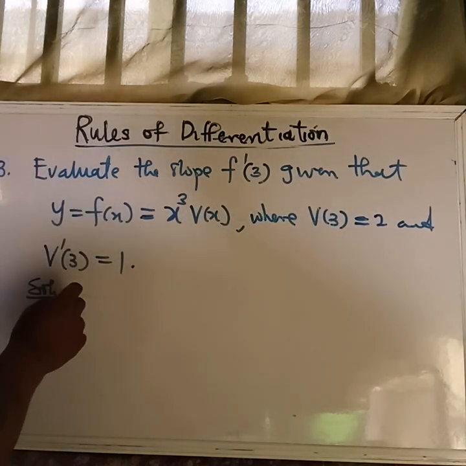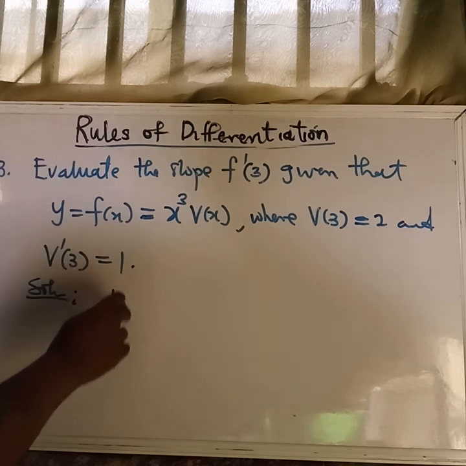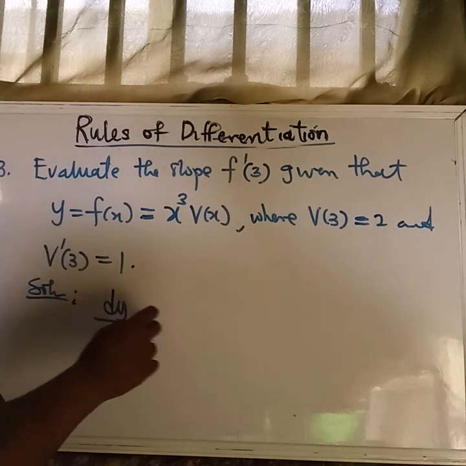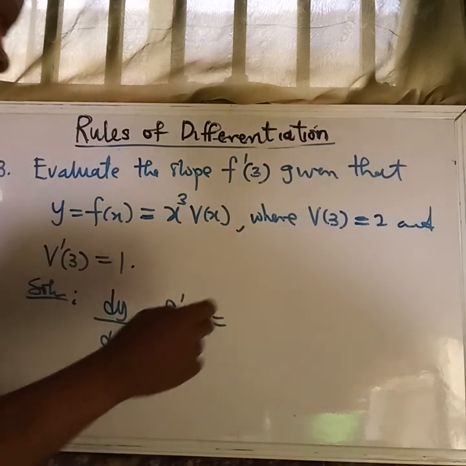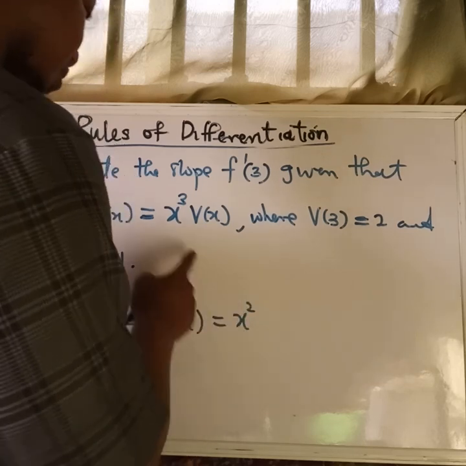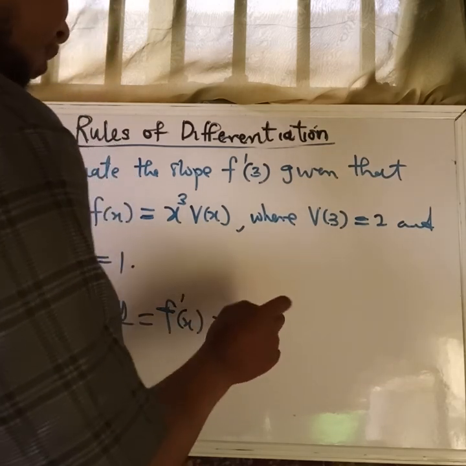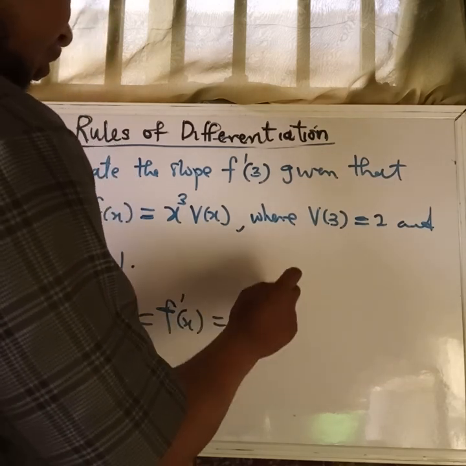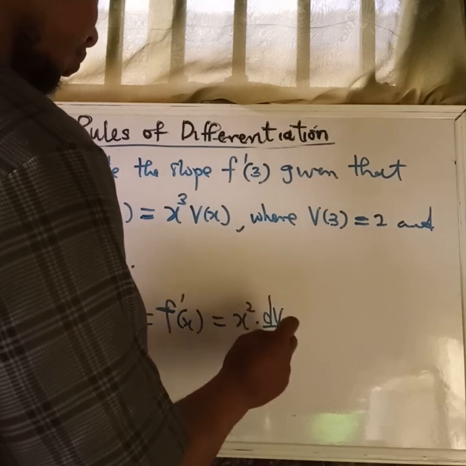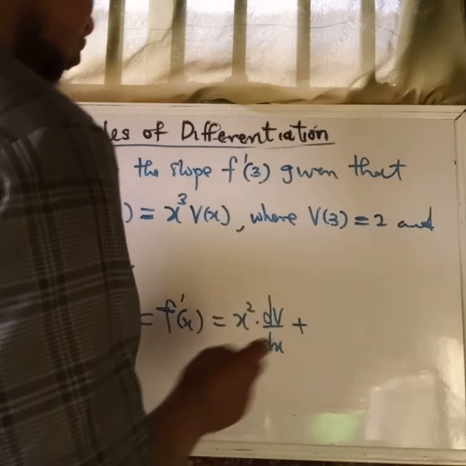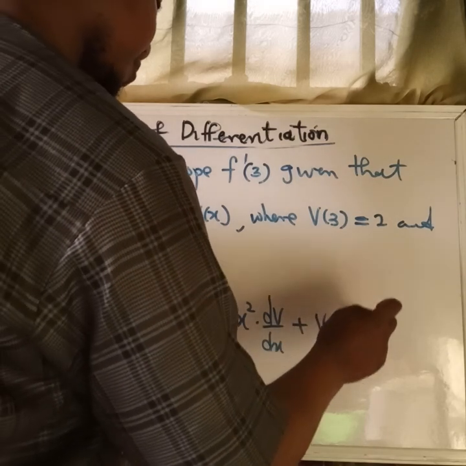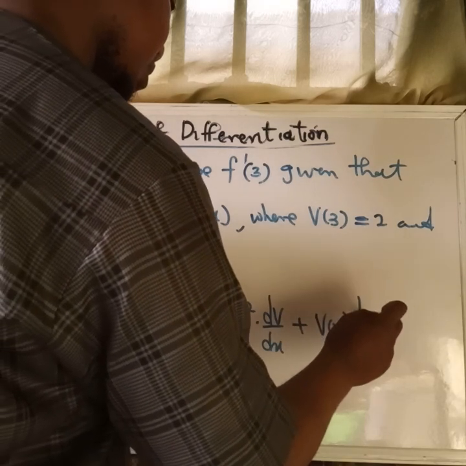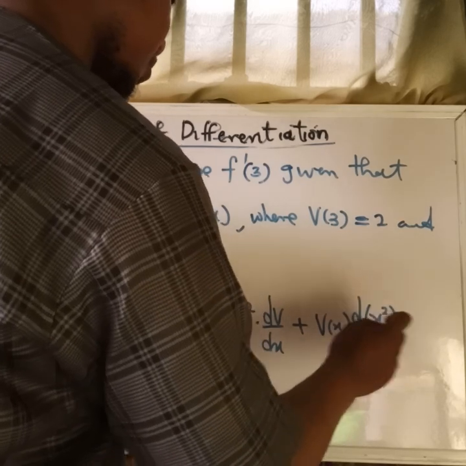So dy dx, which is simply f prime of x, is equal to x squared multiplied by dv dx, that is the slope of v with respect to x, plus v of x multiplied by d of x squared dx.